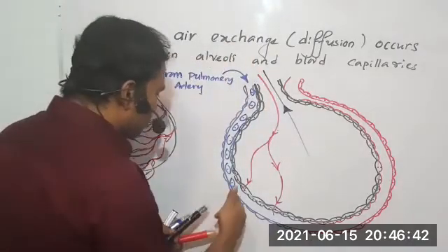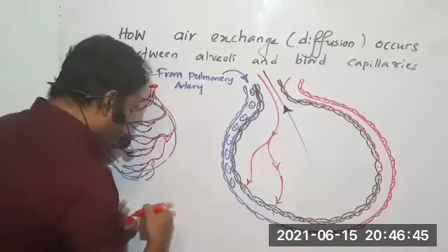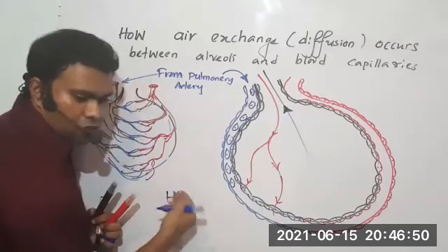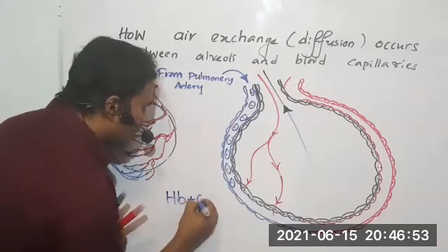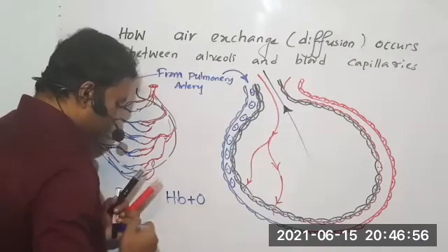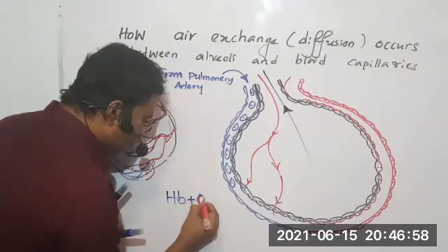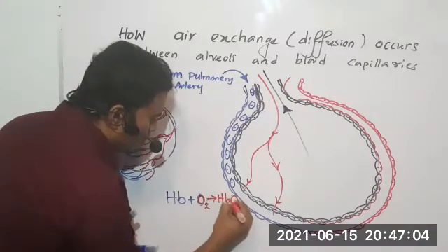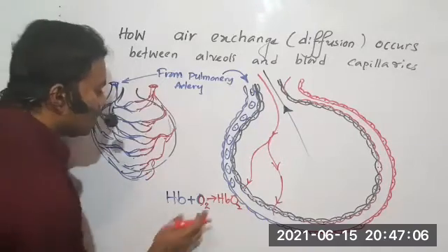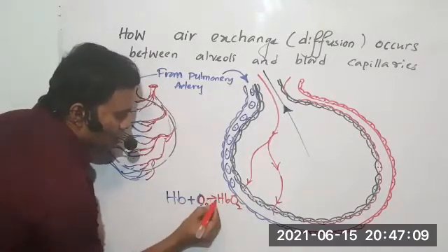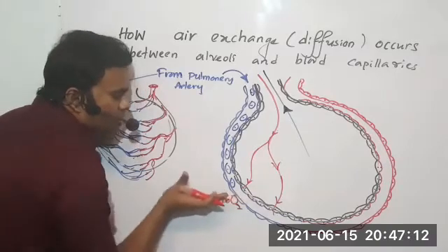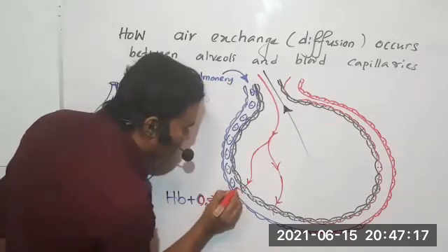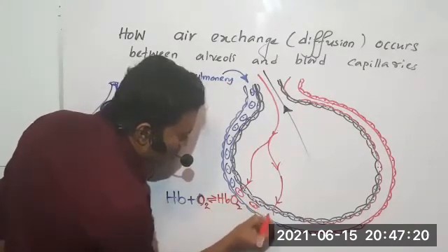Hemoglobin, Hb, with oxygen, is converted into HbO2. So this is known as oxyhemoglobin. Actually, this is a reversible reaction, but here the forward reaction takes place. Oxyhemoglobin is created.